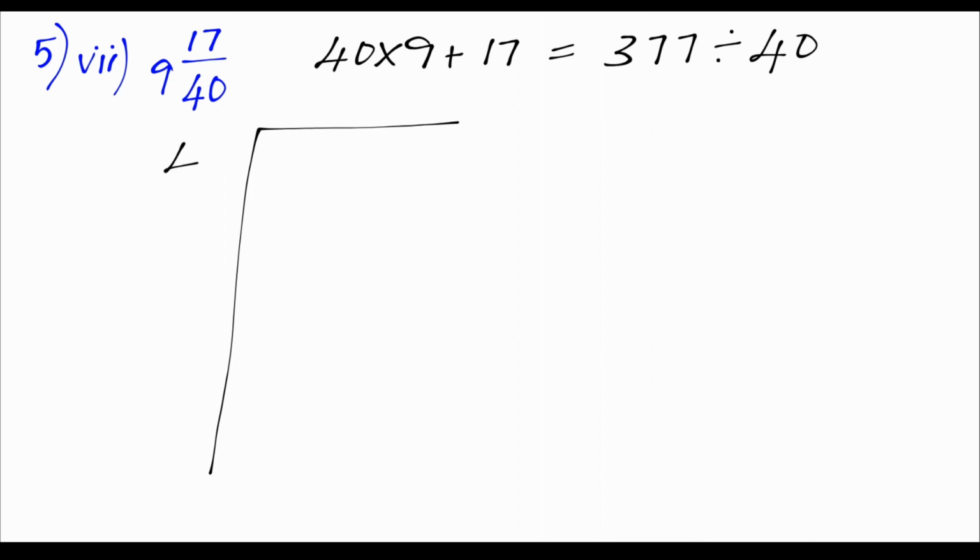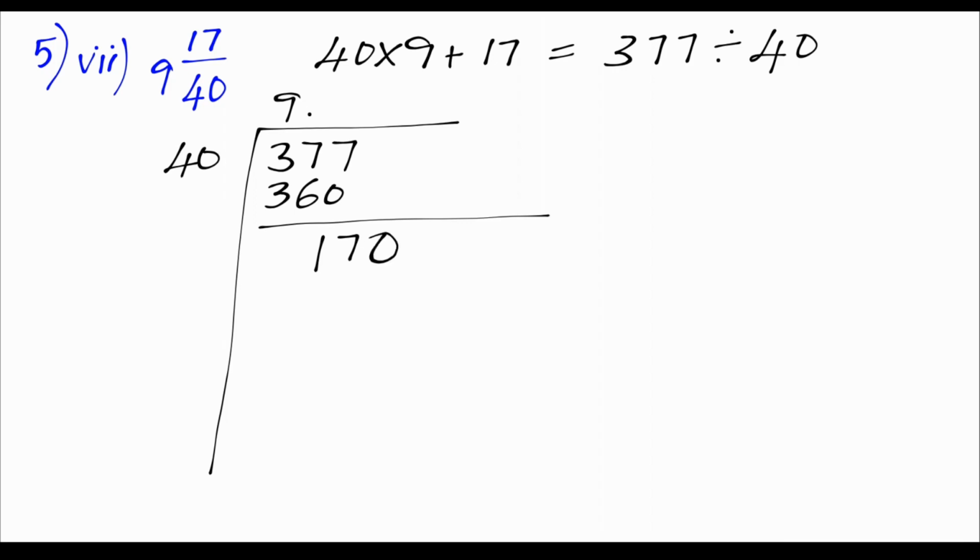So 40, 377. So 40 9s are 360. And we'll have 7 here and 37 minus 36 is 1. So still it's not divisible. So I'm putting the quotient decimal point and then adding 0 here.